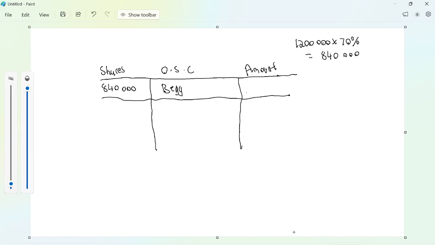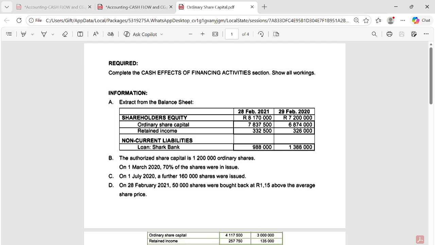But what is the value of the amount? The amount is given here, because this is the value of the shares at the beginning of the year. So it's 6,874,000.